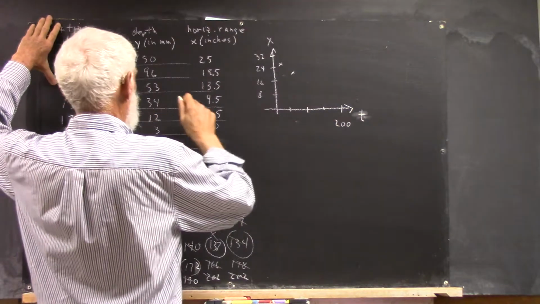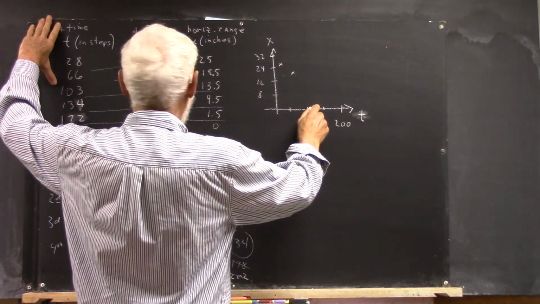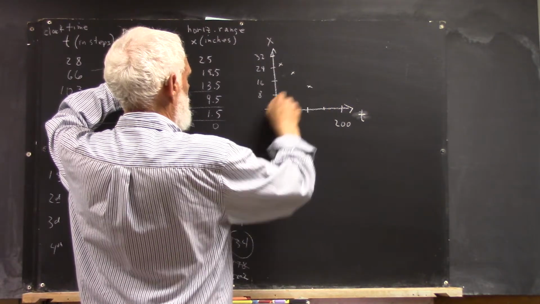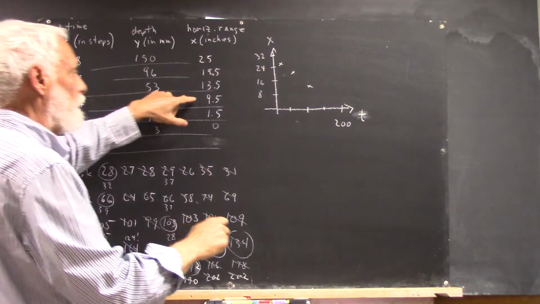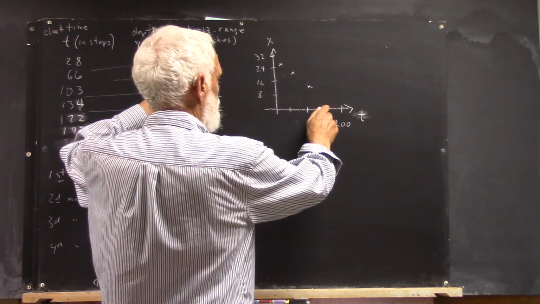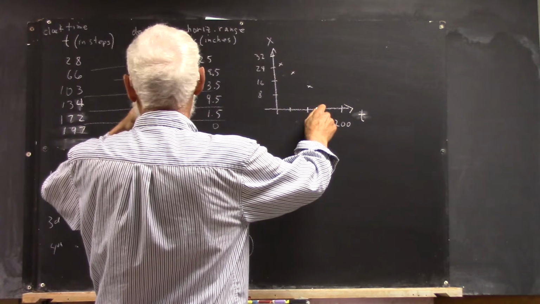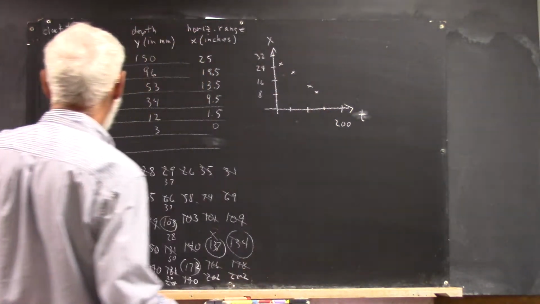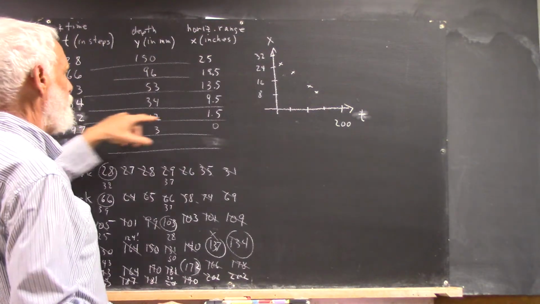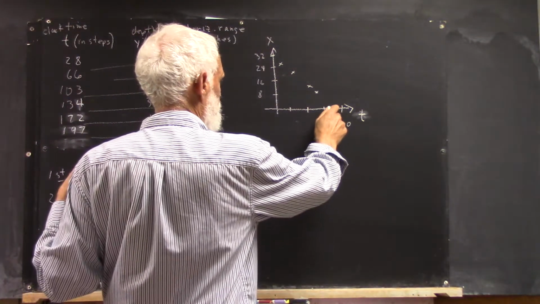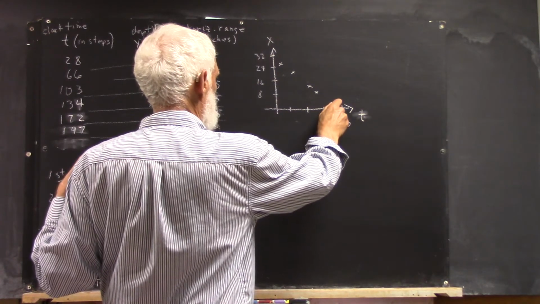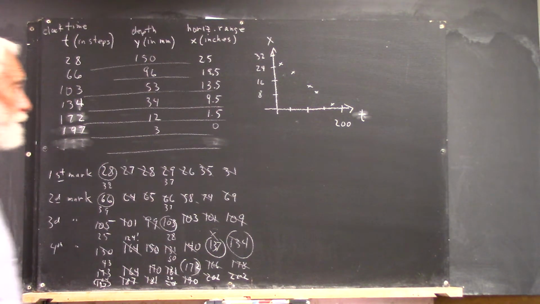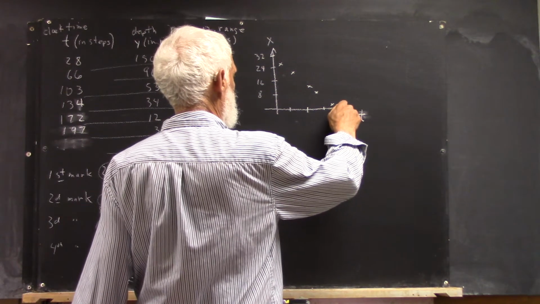At 103, we've got 13.5, sorry, not 53, so 103 would be here, and 13.5 gives us a point about here. 134 gives us 9.5. 134 would be about here, and 9.5 would be about here. 172, 1.5. 172 is going to be around here, and 1.5 is going to be around here. And then 197 gives us 0, so we have a point like here.